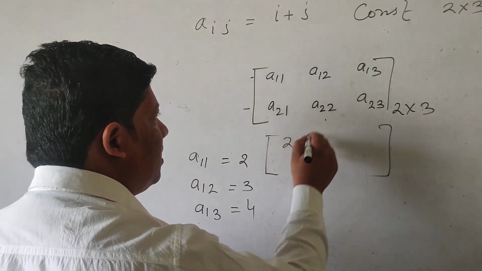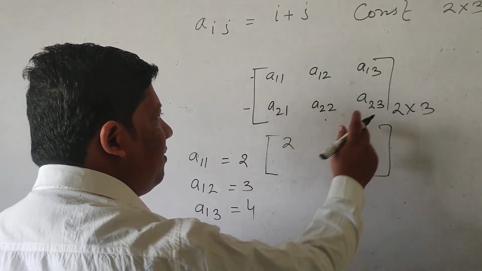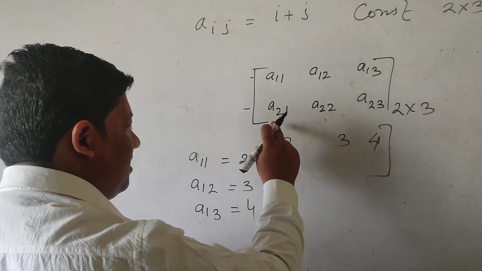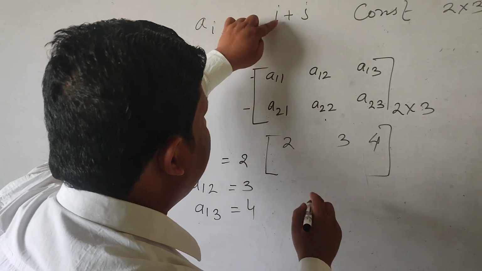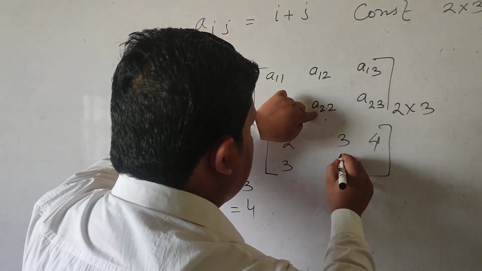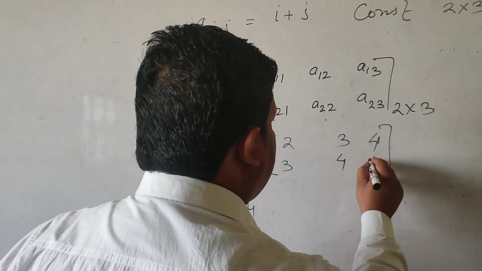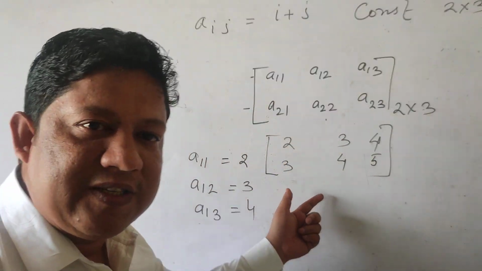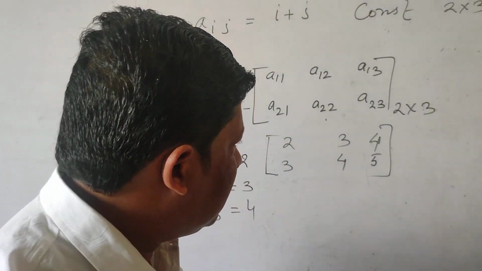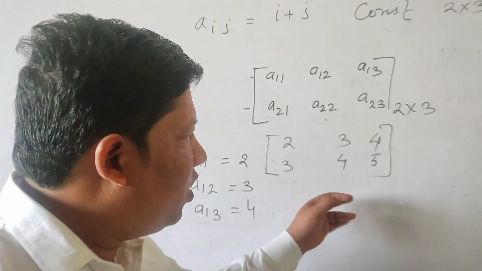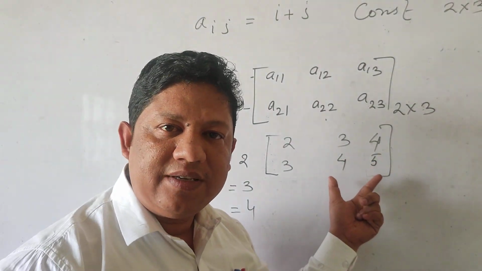This value is 2, again this value is 3, and this value is 4. Next row: substituting, you get 3, 4 and again 5, and that is your matrix. So my students, I think you understand how to construct a matrix. It is a 2 cross 3 matrix.